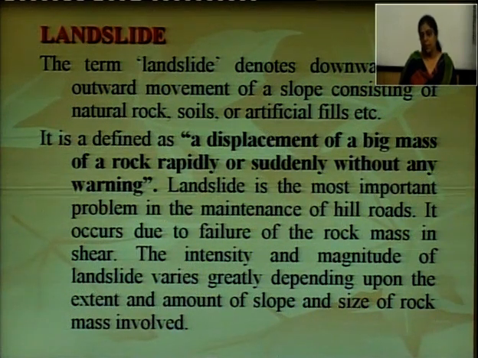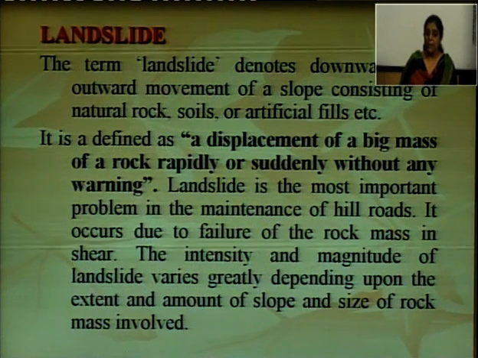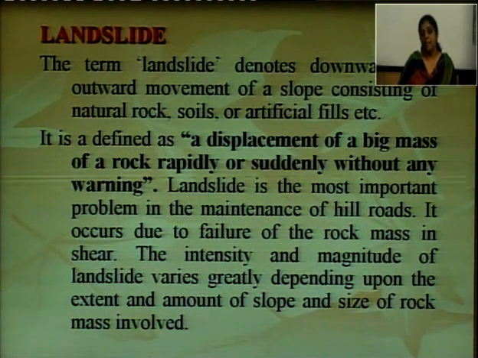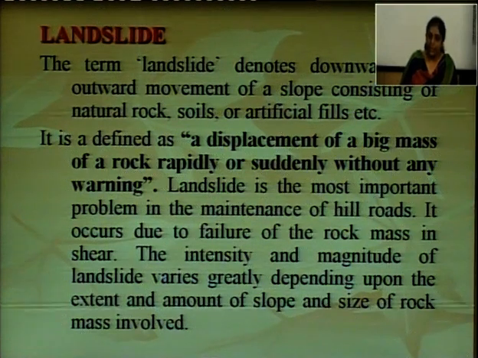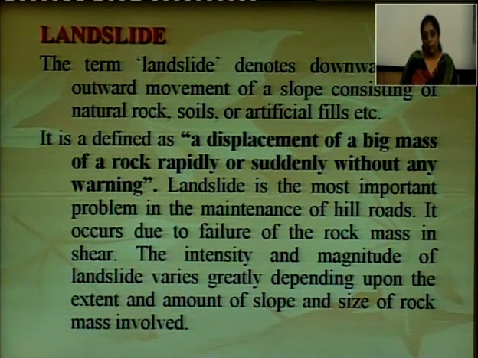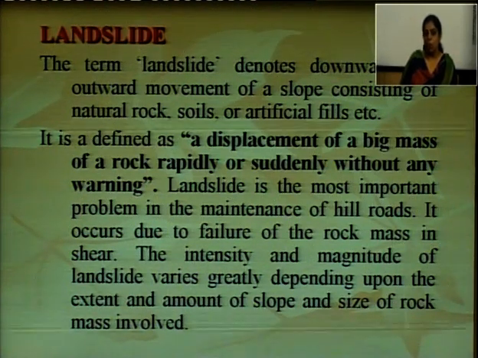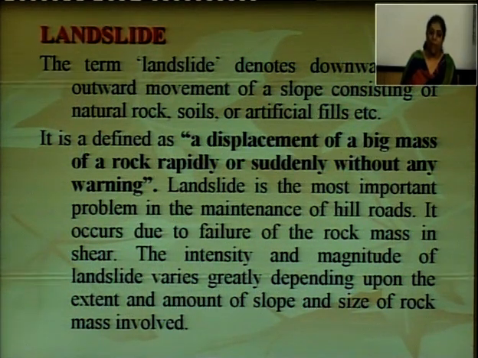It occurs due to failure of rock mass in shear. What is shear? Basically, there is a force that binds the soil of the slope together, and that soil helps to bind the roots of the trees and bushes, and in this way it protects the slope of the hill.